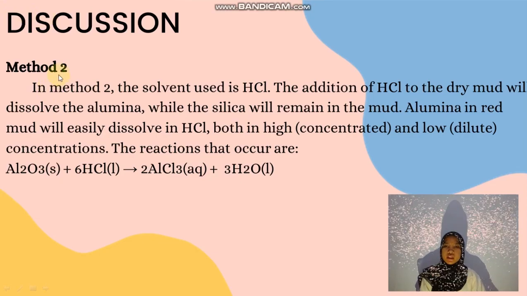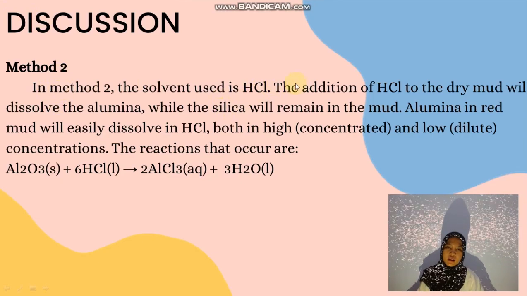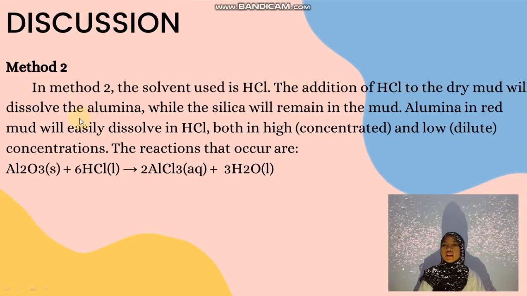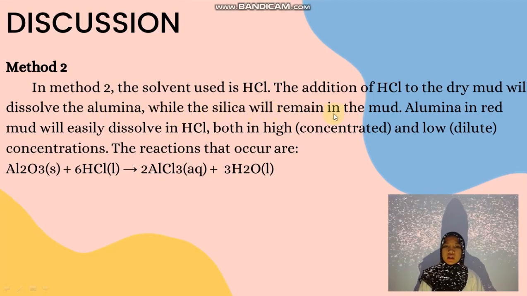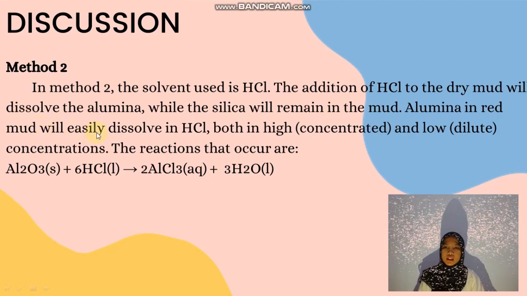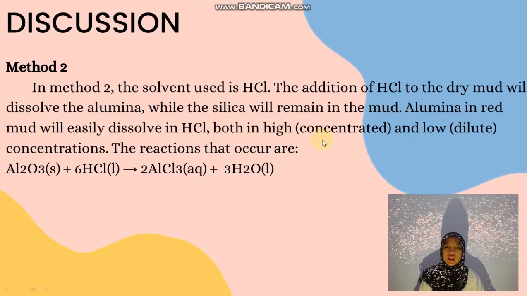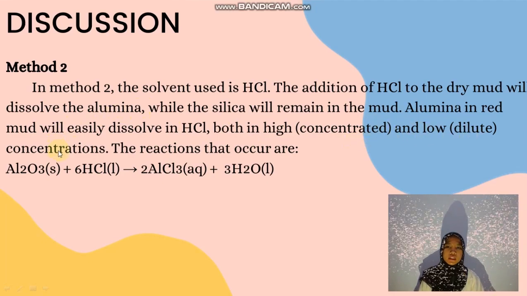Next, method 2. In method 2, the solvent used is HCl. The addition of HCl to the dry mud will dissolve the alumina, while the silica will remain in the mud. Alumina in red mud will easily dissolve in HCl, in both high concentrated and low dilute concentrations.